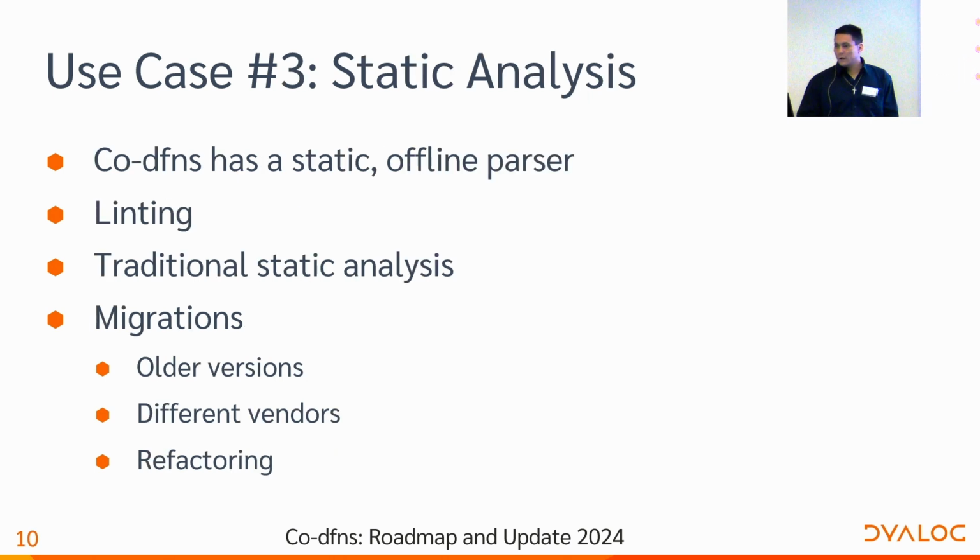And of course, I think you've heard from Brandon already, the parser for the Co-dfns compiler is its own API, and you have access to the intermediate representation that we use within the compiler as a user of the compiler. The design of the parser is that we are trying to make what's called a static offline parser. That means you don't have to start executing your code in order to see the AST.